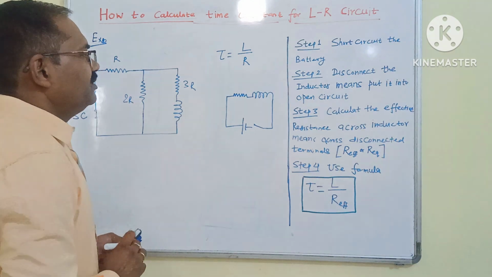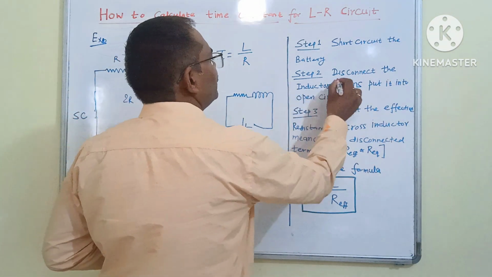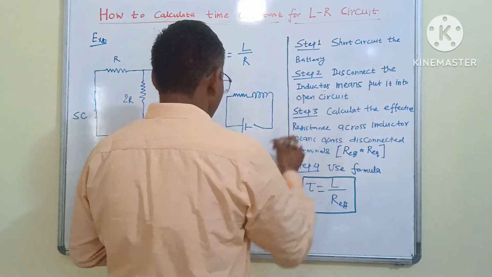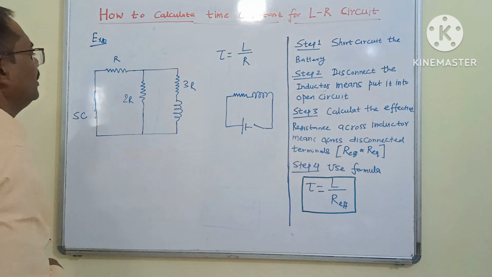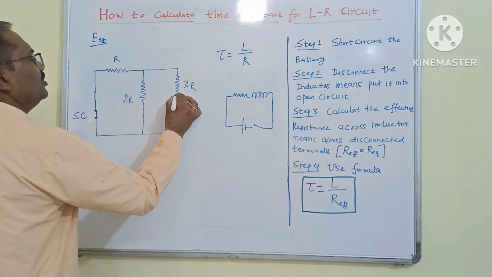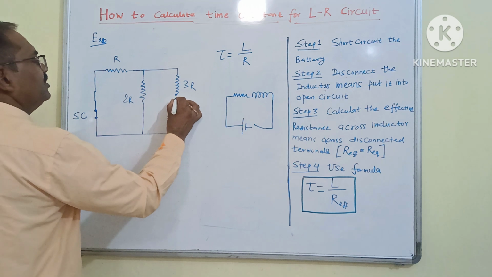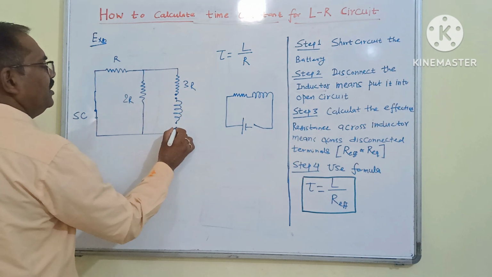In the next step, you have to disconnect the inductor. Disconnect the inductor means put it into open circuit. So if the inductor is connected here, I will visualize it like that. It is disconnected now.